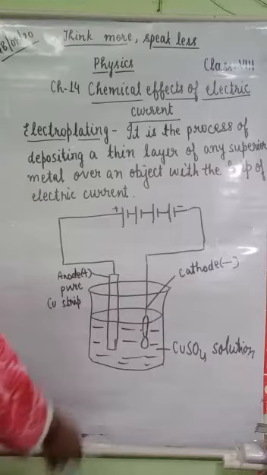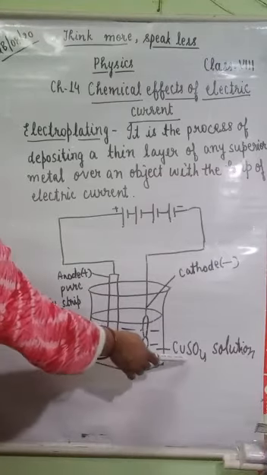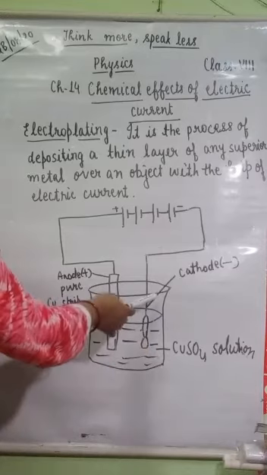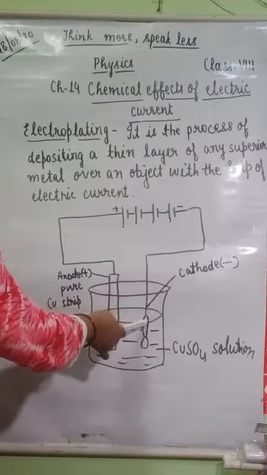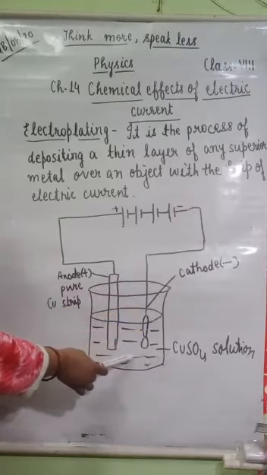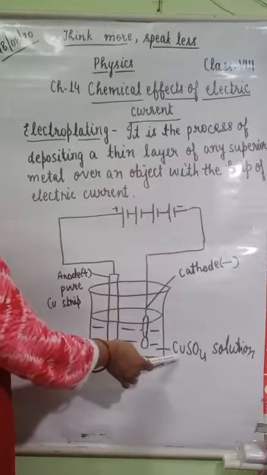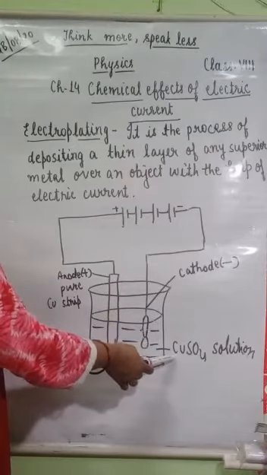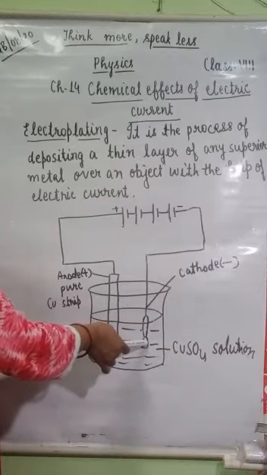And the electrolyte used is always the soluble salt of the metal that is used to coat the article. Suppose you have to coat the iron spoon with copper, so you will take copper sulfate solution as the electrolyte. It is the solution in which the metal is present which you have to coat on the iron.